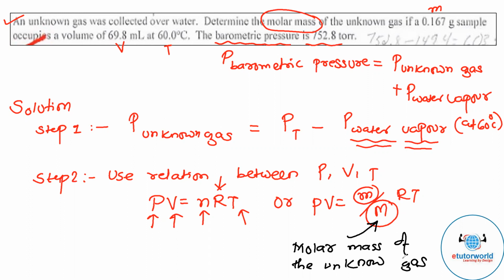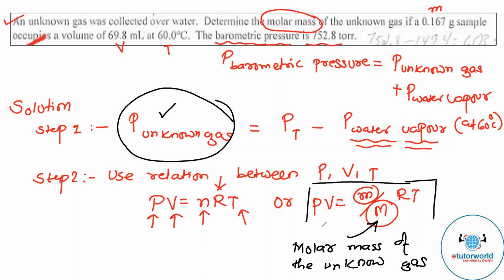Right, Aditi? So step 1, get the value of the unknown gas pressure. Step 2, use this relation PV = (m/M)RT. Now we put the values and calculate the molar mass. You are clear regarding these two steps? Yes, sir. Okay.